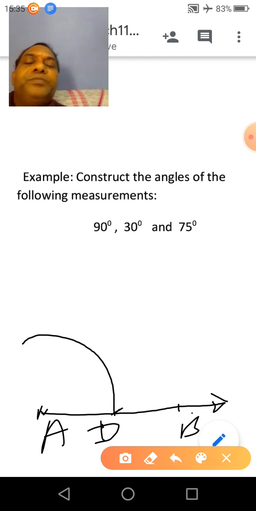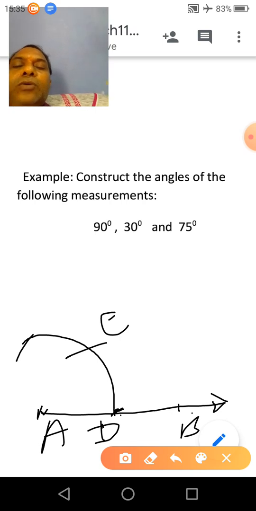Clear? Now D as center and the same arc length, cut the previous arc at E. So this angle is 60 degrees.